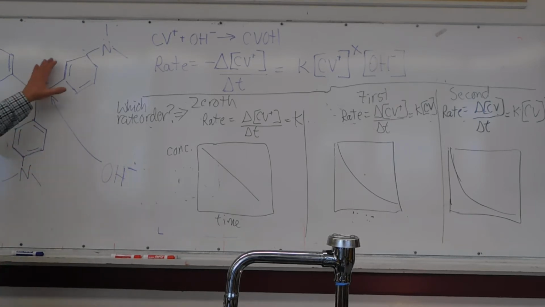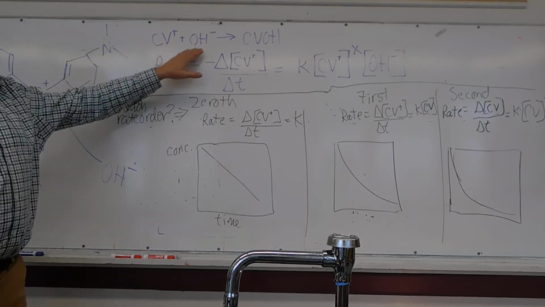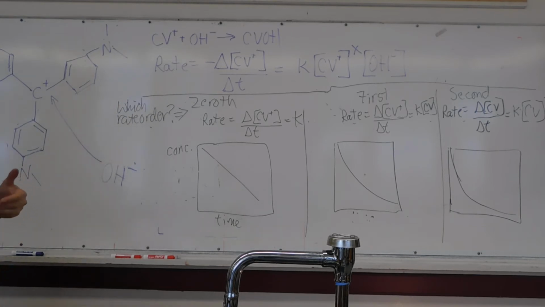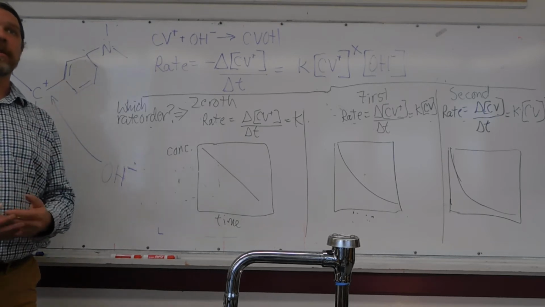The reason why this reaction will be so effective for us in our study of these concepts is that crystal violet, of course, puts out a very strong purple color, but as it essentially disappears due to its loss of purpleness from its reaction, we can monitor that with a colorimeter, which is very similar to a spectrophotometer.